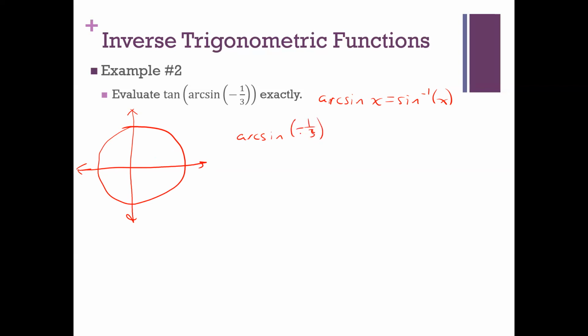Can I narrow my search down to 2 quadrants, 1 quadrant? How can I make this easier on myself? Which quadrant is that? Yeah, so we're going to look here.